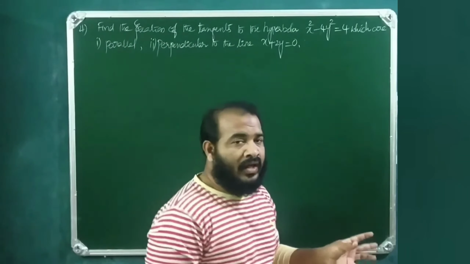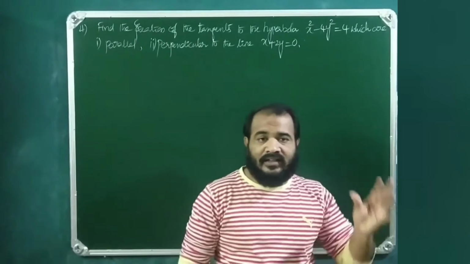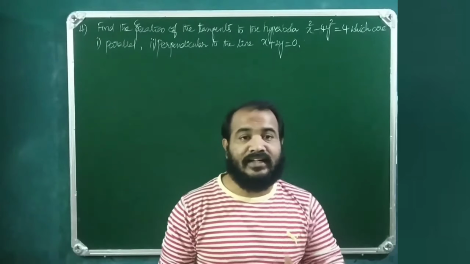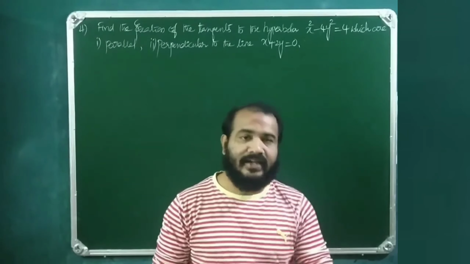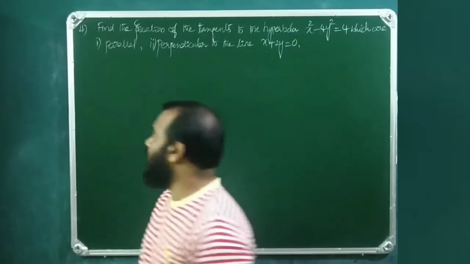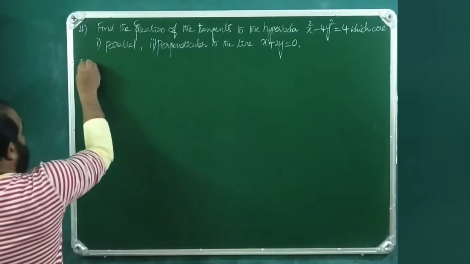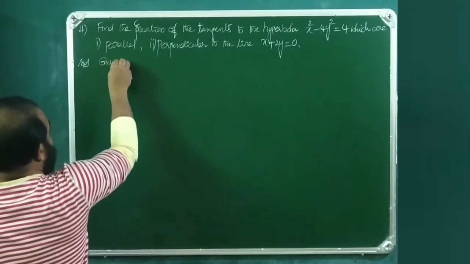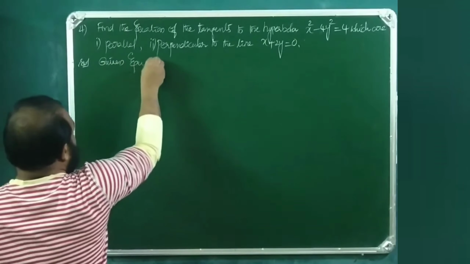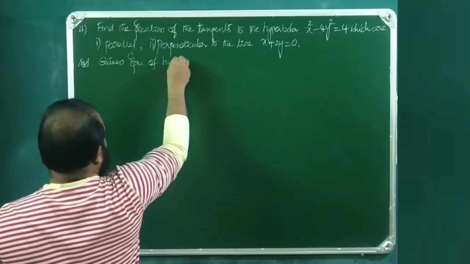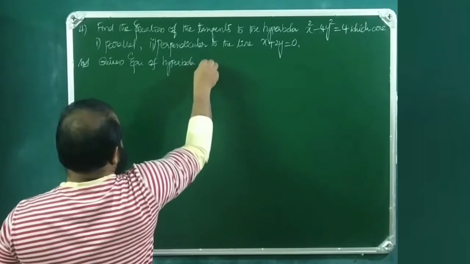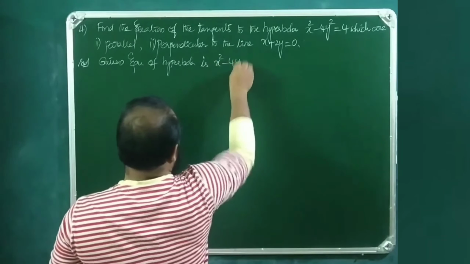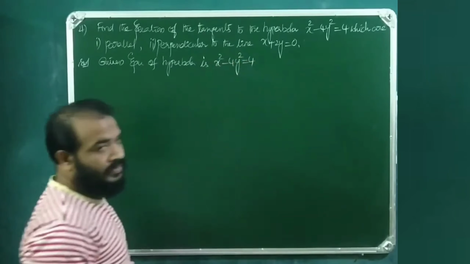So the immediate thing that should strike our mind is the slope form of the tangent instead of the equation of the tangent at P(x1, y1). So now, the given equation of hyperbola is x square minus 4y square equals 4.